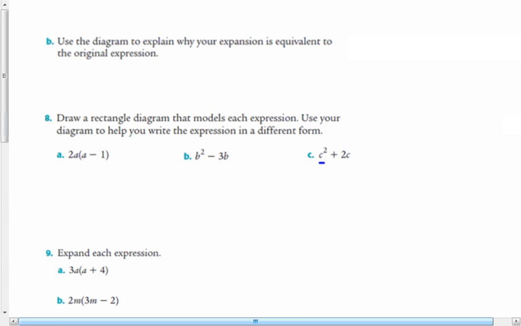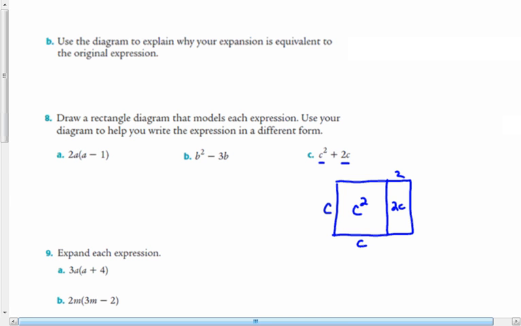Well, right now these are written in expanded form, and if I drew a rectangle to represent that, I would have a c squared, so that's c by c like that. And then I have another chunk added on that's 2 units by c units, and my c units would be right there. So this part is 2c, and this side here is c squared.